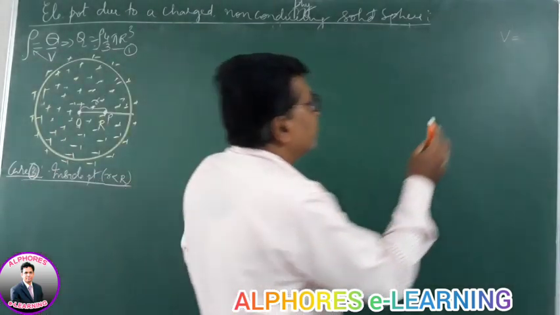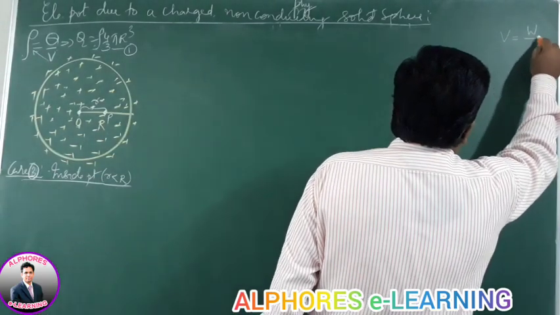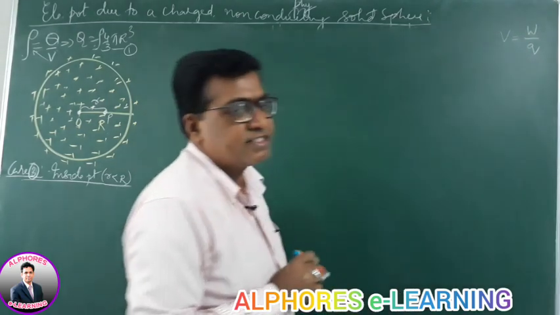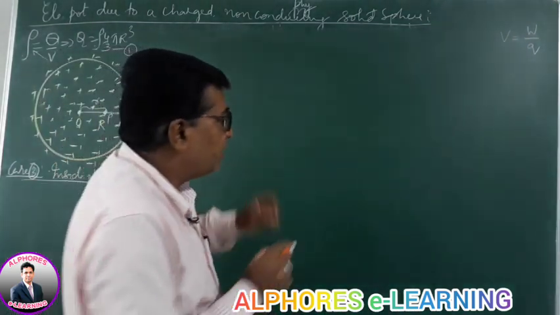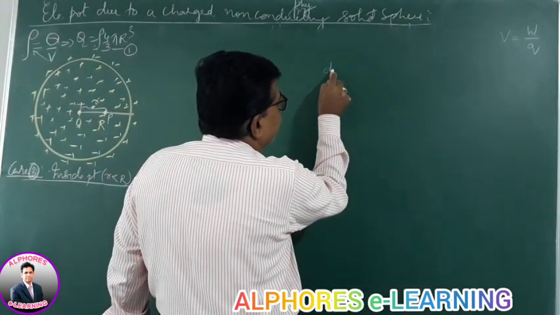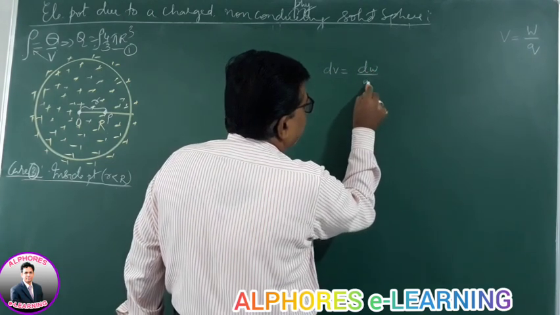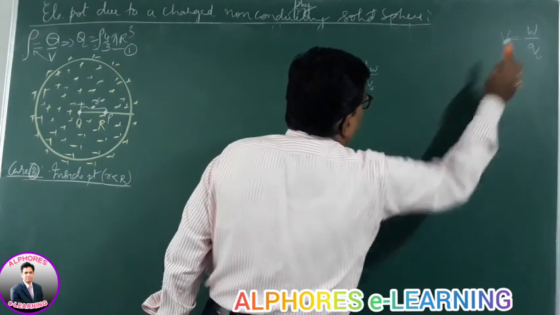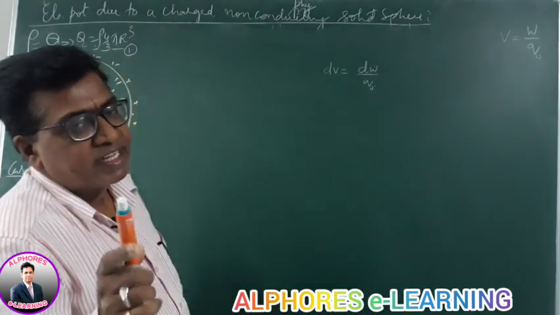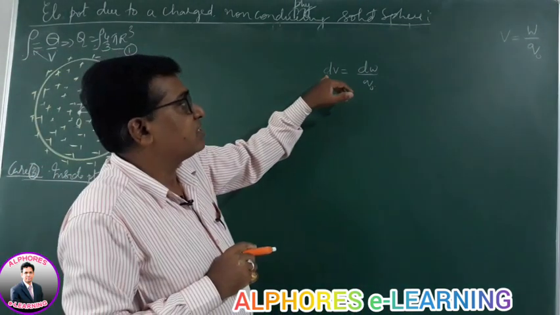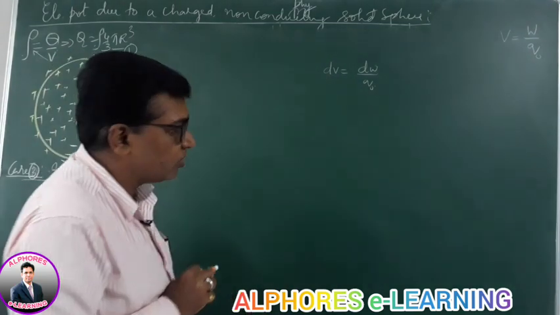By definition, potential is work done per unit charge: V is W by Q. For a small potential difference between two points, the small work done dW by Q naught, where Q naught is a unit positive test charge. So the small potential difference dV is dW by Q naught.